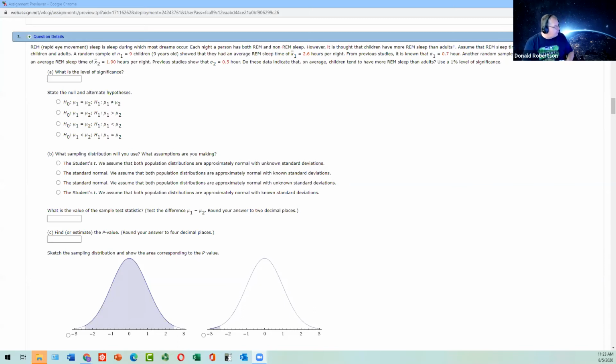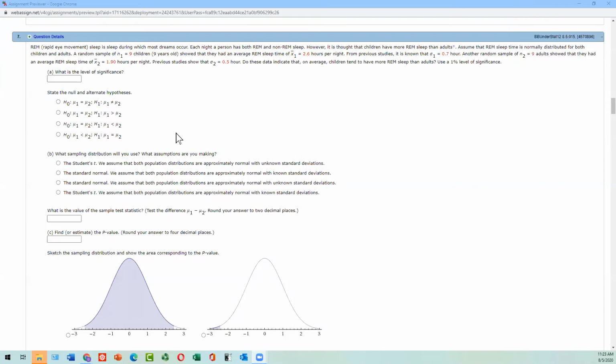While we've still got this screen in front of us, let's do a couple of the questions, and then we'll do the calculator analysis. In this case, which one of these 4 would be the null and alternate hypothesis? Is it the third one?